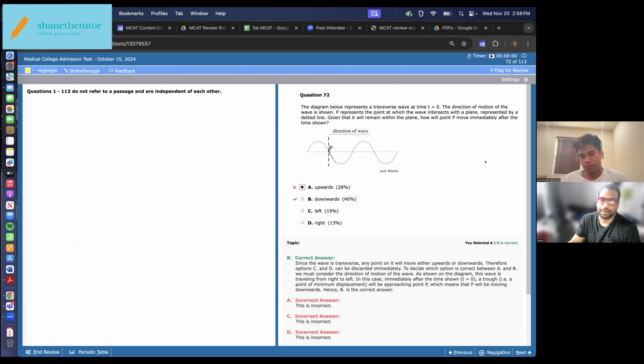Also, let's say you had a piece of paper and you moved your pen only up and down, and then the paper moves to the left or to the right. What you write, up and down, will turn into this type of sine curve. So that's another thing. Okay, cool.